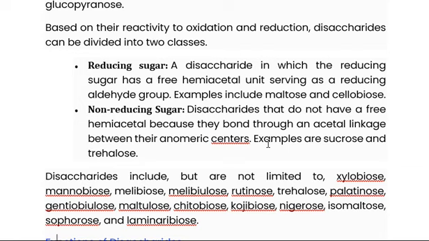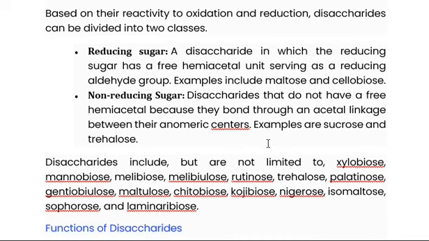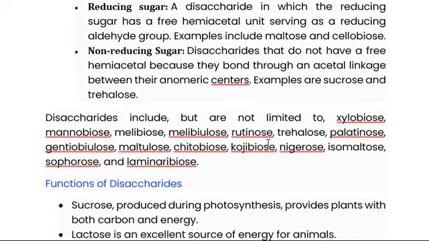Examples include maltose and cellobiose. Non-reducing sugars are disaccharides that do not have a free hemiacetal because they bond through an acetal linkage between their anomeric centers. Examples are sucrose and trehalose.